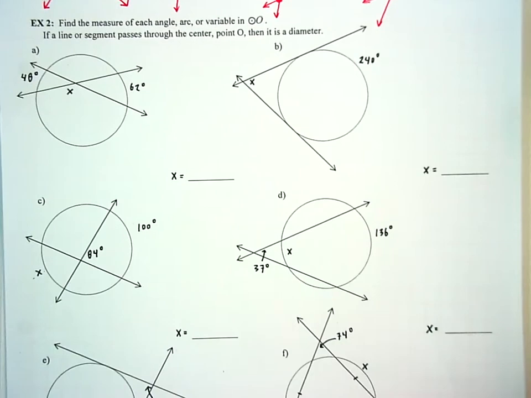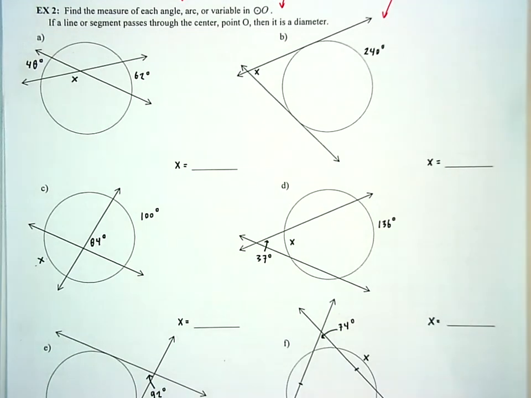All right, so I'm just returning to example 2 right here for a moment. So here I'm saying find the measure of each angle, arc, or variable in circle O. If a line or segment passes through the center point O, then consider it to be a diameter. Okay, so in the first one here, I see that my vertex is somewhere inside, but I can't solve for where X is right now.